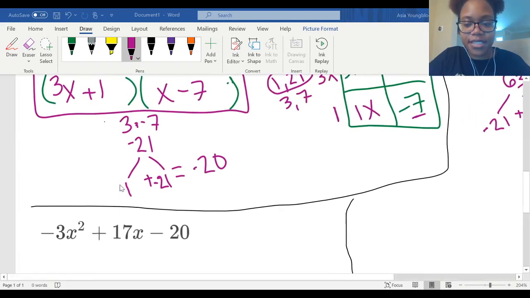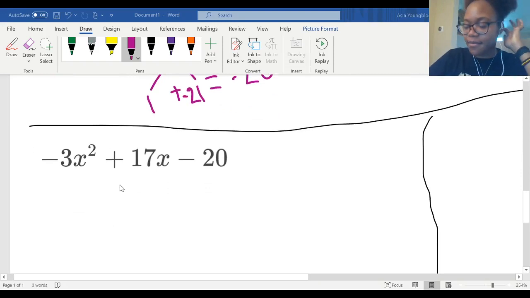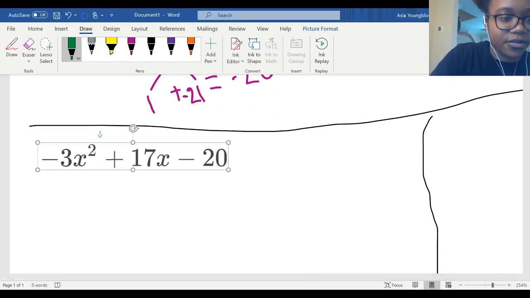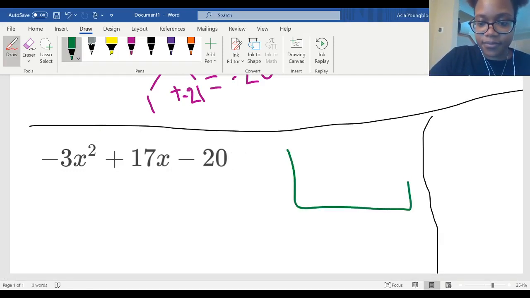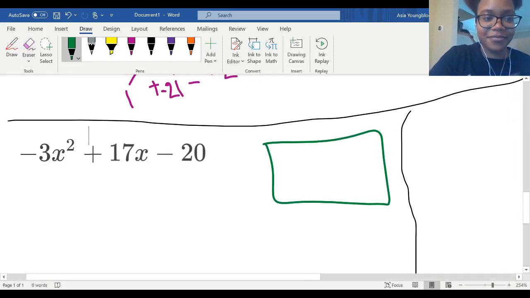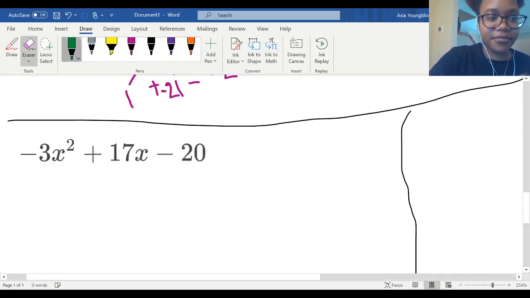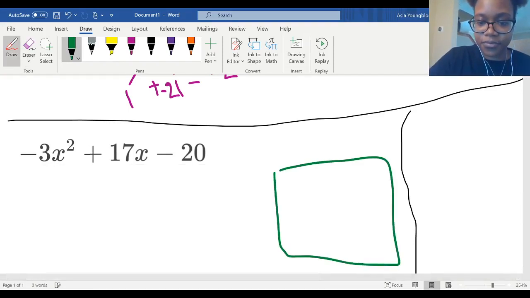For our next problem in the set, we have negative 3x squared plus 17x minus 20. So again, we're just going to jump straight to the boxes. I'm going to draw that better. Okay.